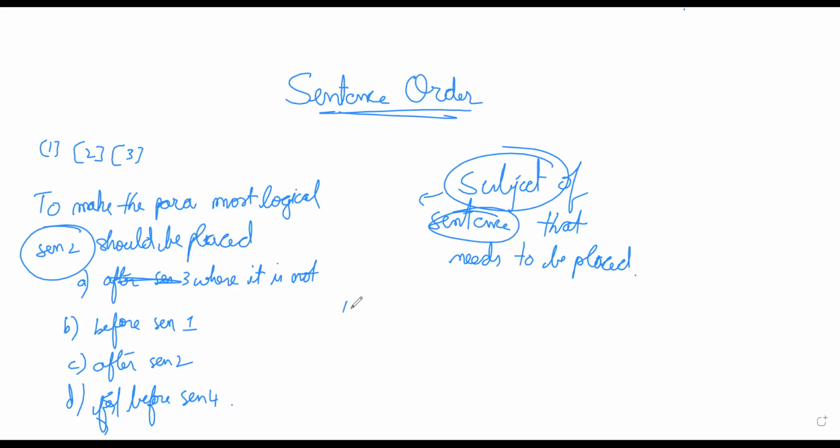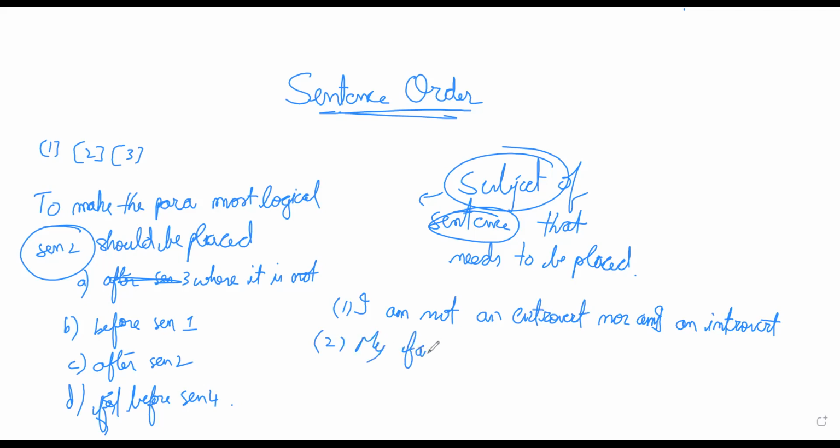Let's say, suppose sentence 1 says, I am not an extrovert, nor am I an introvert. That's sentence number 1. Sentence number 2 says, my family is always worried about me.